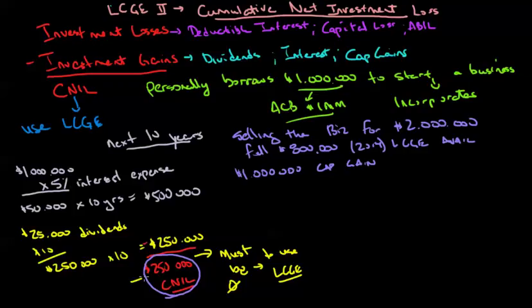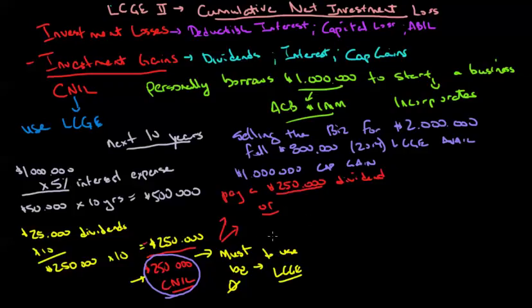So the way that they're going to bring this to zero, they really have two choices, two ways that this can be brought to zero. One way is that they could, prior to selling the business, pay themselves a $250,000 dividend, which would presumably reduce the value of the business by $250,000.